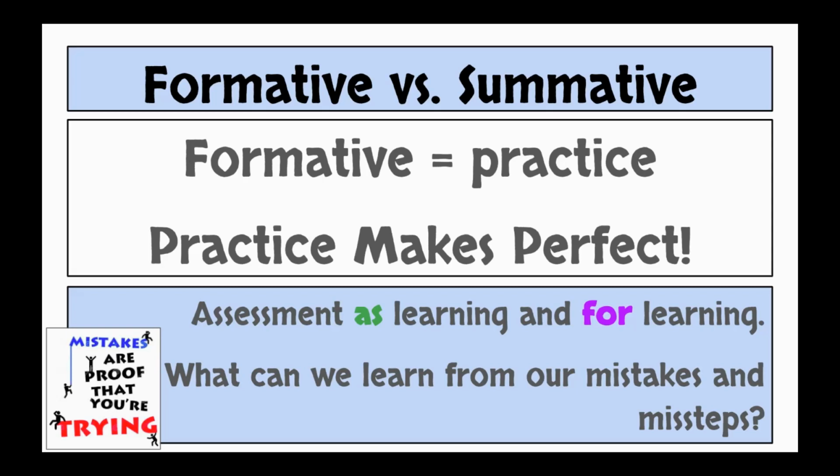Mistakes are okay in a standards reference system. It's proof that you're trying, and both the teacher is open to giving you feedback and helping you improve and letting you redo work so that you can show and demonstrate that improvement. And students are willing to make those mistakes, take that risk, because they know it's safe. They're going to get feedback. They're going to get another opportunity to do it over or to do the skill again to show that improvement.